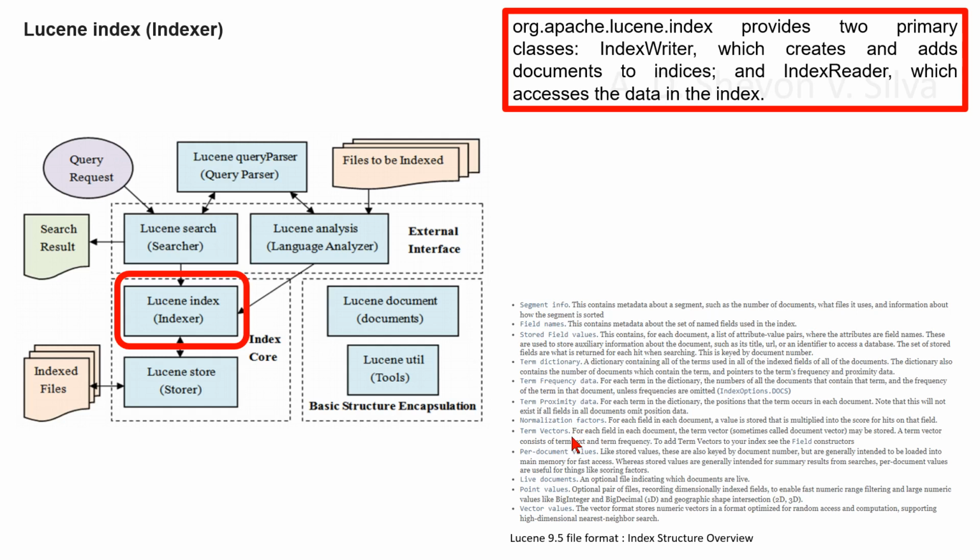Lucene 9.0 term vector format in package org.apache.lucene.codecs.lucene90. Class Lucene90DocValuesFormat in package org.apache.lucene.codecs.lucene90, the Lucene 9.0 doc values format. Class Lucene90LiveDocsFormat in package org.apache.lucene.codecs.lucene90, the Lucene 9.0 live docs format.